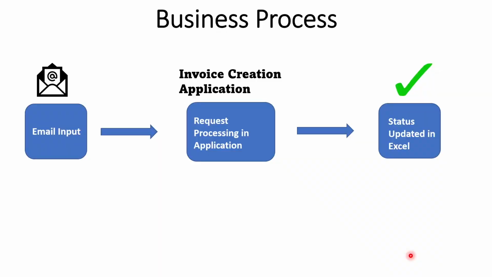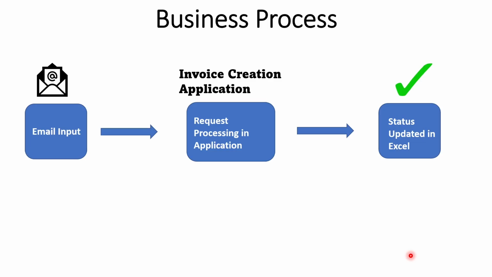Let us try to understand the concept of processes and objects using an example, a business process. Let's assume there is a business process of invoice generation, and in that I have a sequence of three business blocks. The first activity is reading email input.